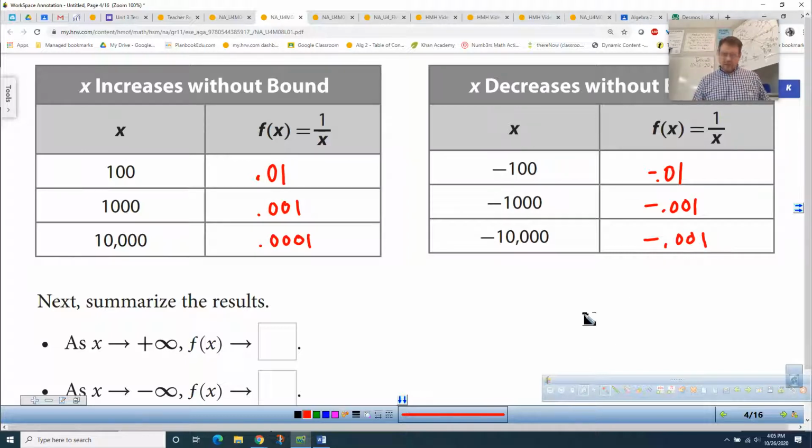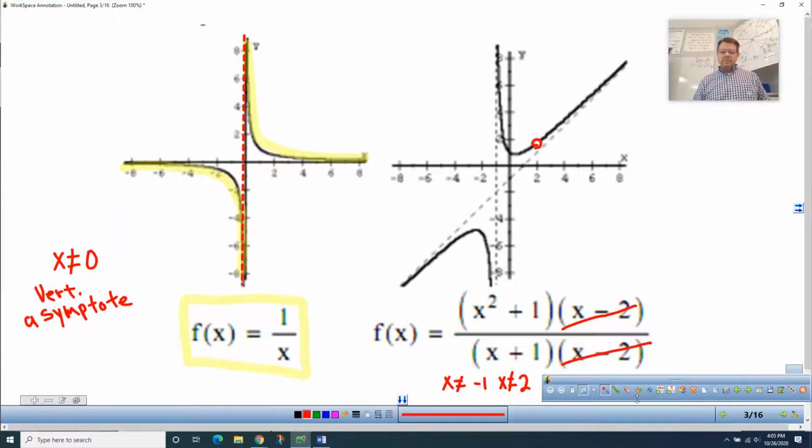Okay, so the idea comes from this: as you come from this way, you're going to get closer and closer to 0, but never make it. As you come from this direction, you're going to get closer and closer to y equals 0, never going to make it. So that produces our horizontal asymptote. And that's just a feature of having an x in the denominator. That's just kind of what comes with the territory there. Okay.